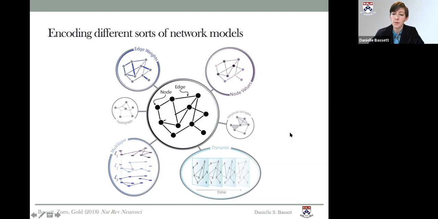These approaches allow, I think, a richer representation of the data that we can acquire in brain systems. However, we're still in the early stages of applying them to brain networks, and I think we have more to do in understanding how that richer representation can inform biological interpretations.